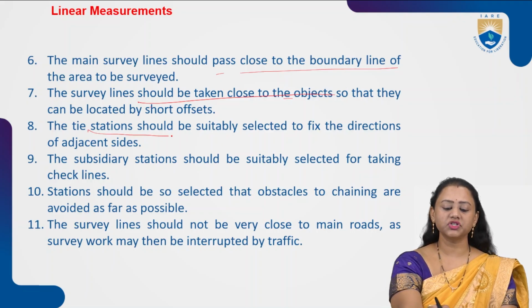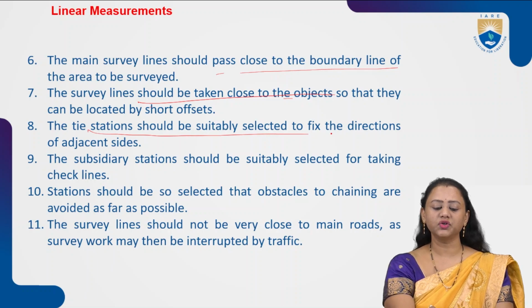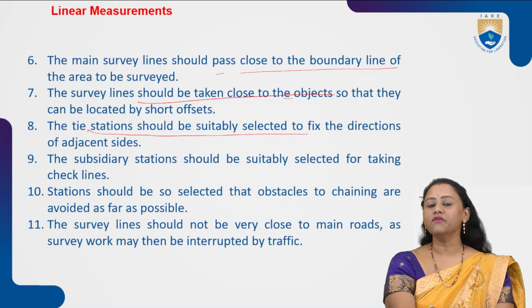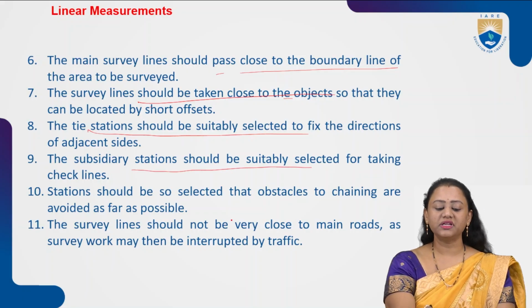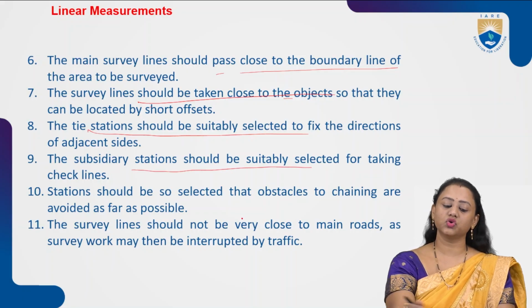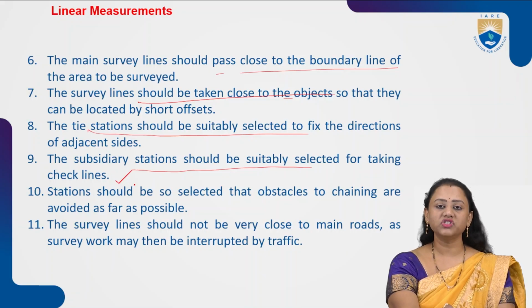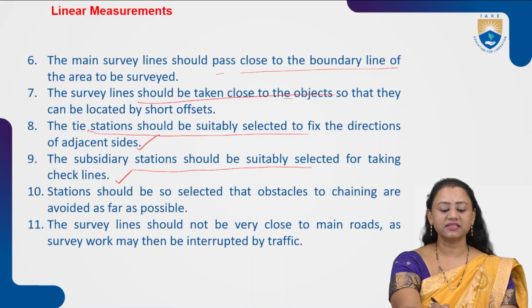The tie stations should be suitably selected to fix the directions of adjacent sides. The subsidiary stations should be suitably selected for taking check lines. So, for convenience of check lines, you should have adjacent sides and you should take shorter offsets.